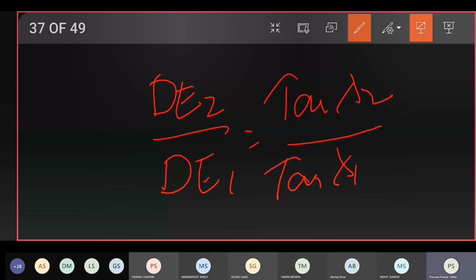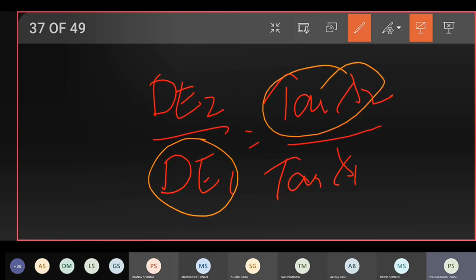In questions you will always have three of these values, so the fourth can be found. And that is what the question is asking.